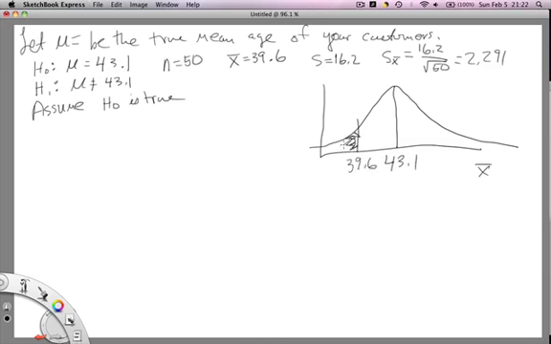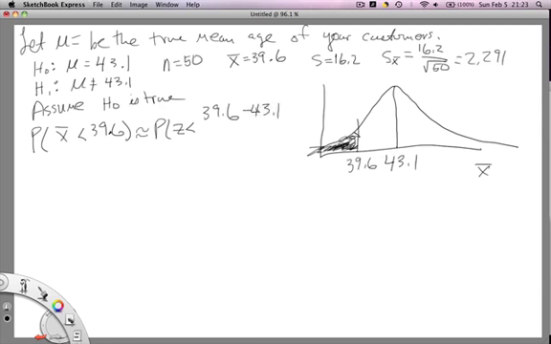Now we've gone off and observed a sample of 50 people and found that x bar is 39.6. So the question then is, what is the area in this tail? So let's go find it. What's the probability of us observing an x bar less than 39.6? Well, using our central limit theorem, this is going to be approximately equal to the chance that we have a z less than 39.6 minus the mean.